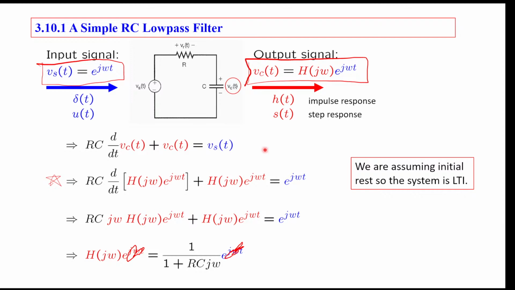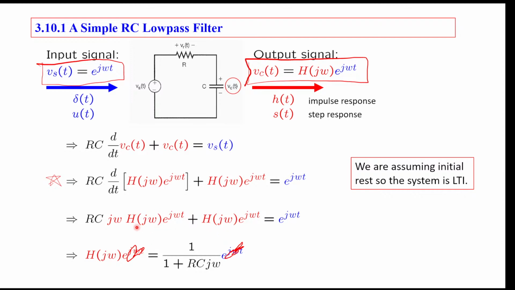So we plug in here. The output is big H e to the j omega t, and the input is e to the j omega t. With differentiation here, you get an RC j omega term, and both sides have this e to the j omega t, so you can cancel it out and move things around.